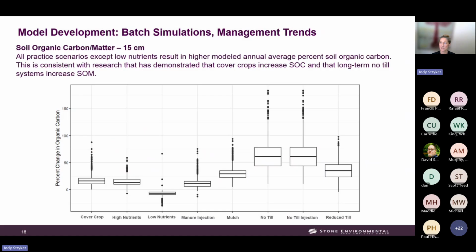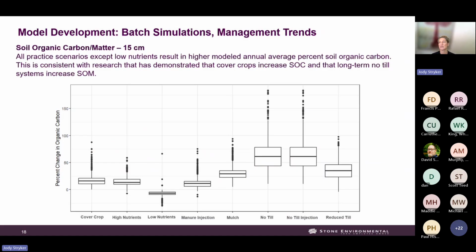For these batch simulations of hypothetical fields, for each unique soil weather combination, we established a baseline scenario representative of a continuous cropping, conventional tillage, essentially no practice scenario. And then for each of those fields, we also simulated various practice management scenarios. So these plots are showing a % change in each metric in comparison to that continuous cropping, conventional tillage, no practice baseline. So it's not the change between the start and the end of the simulation.